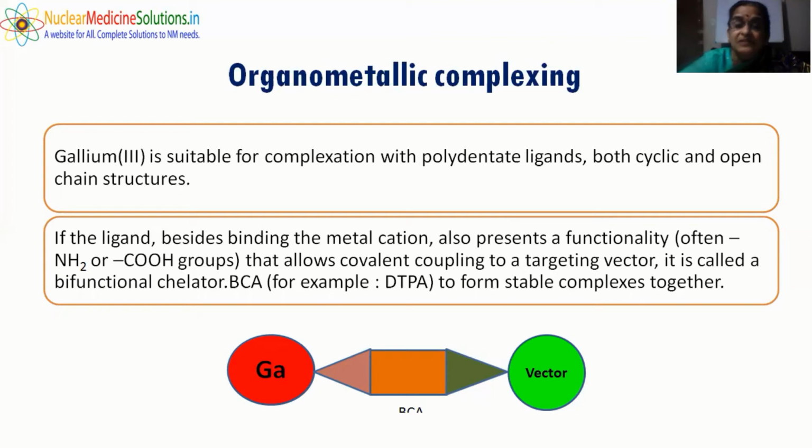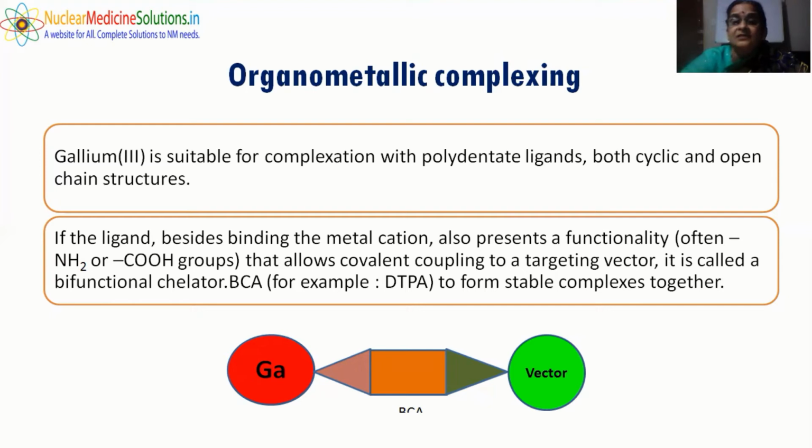What does it mean? You can call it a mediator, which will keep this radioactive gallium attached to the vector or to the actual ligand. So this is just going to hold both the hands and make it a more stable complex, because gallium directly to the vector may have some kind of steric hindrance, or that may not be very strong as an organometallic complex.